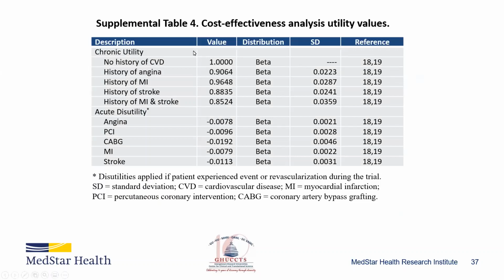For example, here we would have a utility value of 0.96 if you had a history of an MI. Then your life years gained would be multiplied by 0.96. You can see the different values here, where if you have no history, then you have a value of 1.